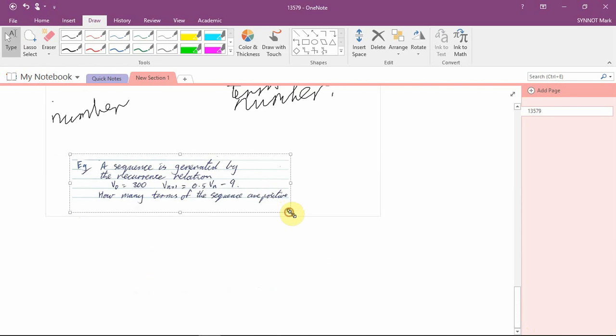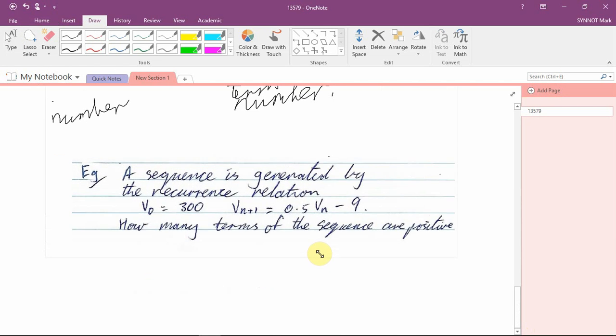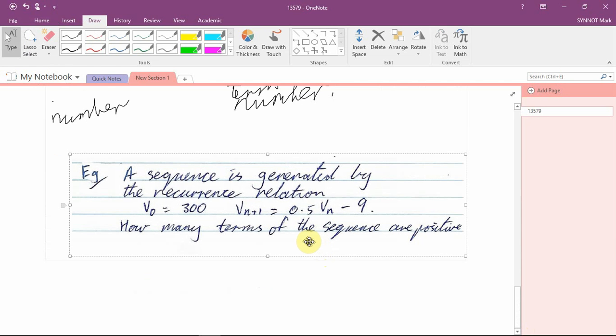And we've got to do something with it. So a sequence is generated by the recurrence relation and V0. So our initial term is 300, and then Vn plus 1 is 0.5n minus 9.